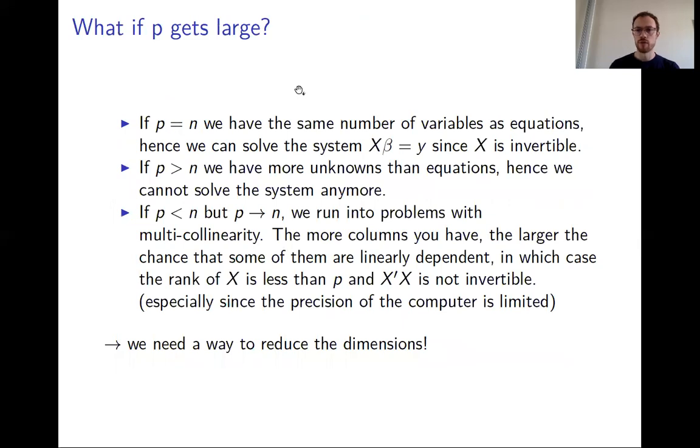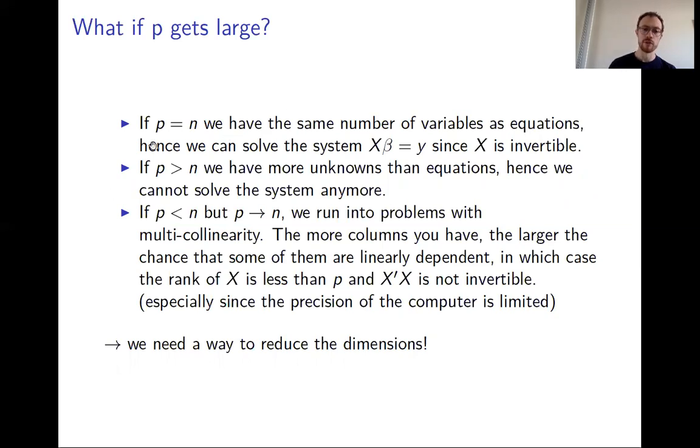However, what happens if p gets very large? So if we're approaching a point where we have the same number of variables as we have observations. Well, if they're exactly equal, then, as long as they're linearly independent, we can simply solve the system X beta equals y, because now X is a square matrix with full rank, so we can invert it, and we can simply solve for each beta.